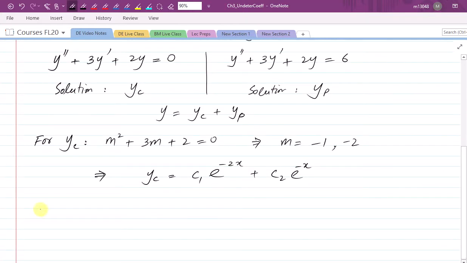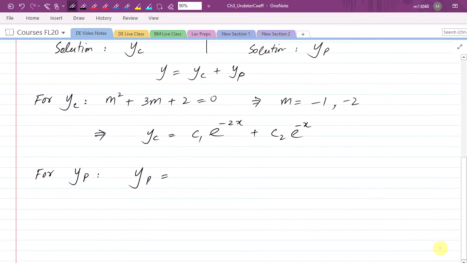Now for yp, we need to start with a supposed solution. So first we let yp be equal to this. How do we find out what should be the starting yp?